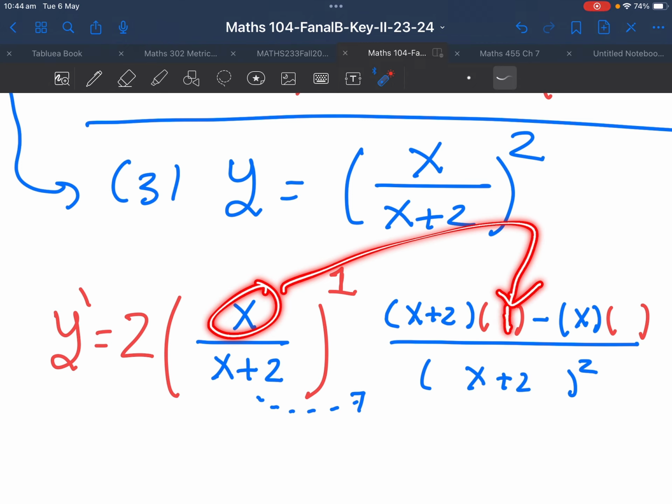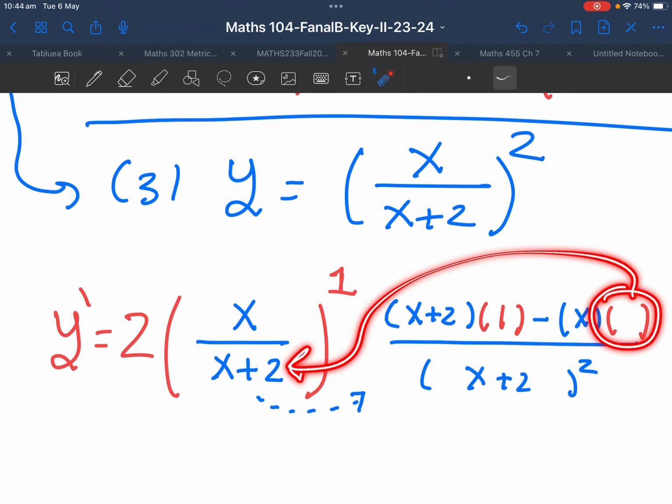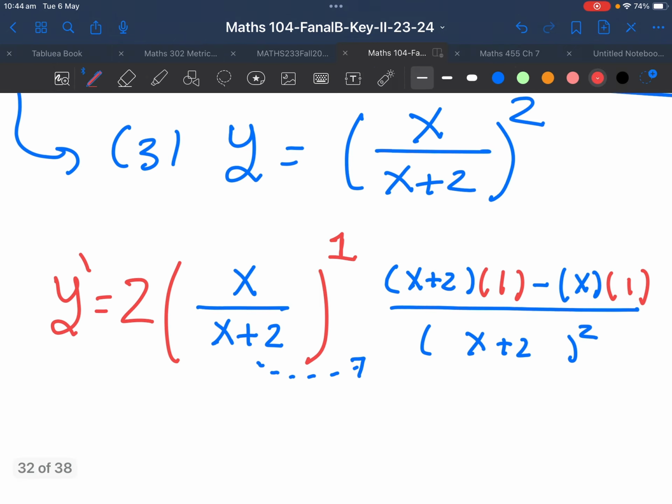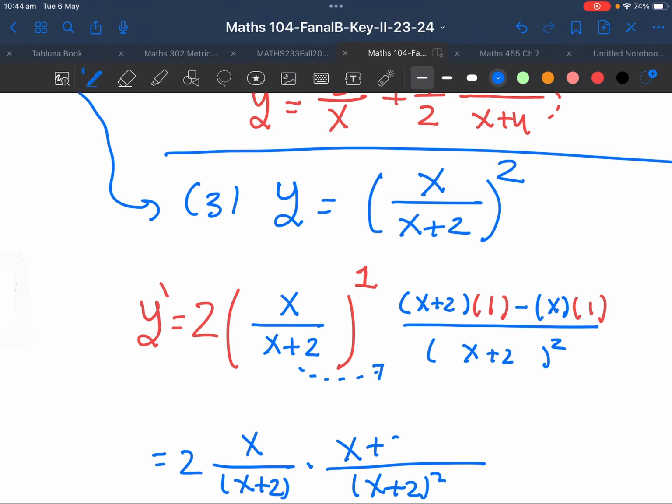You write it down here, which is 1. So we write just 1. And then the derivative of the denominator, which is x plus 2, again, is 1. We need just to simplify this one a bit. So we get 2x over x plus 2, down here we get x plus 2 squared, and here we have x plus 2 minus x.